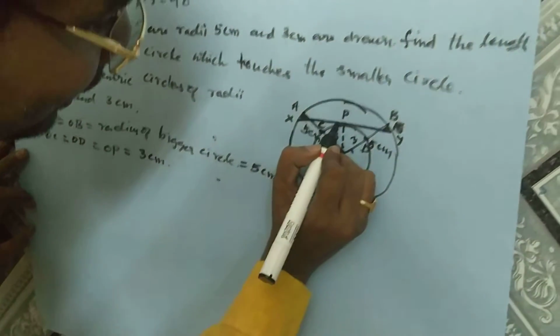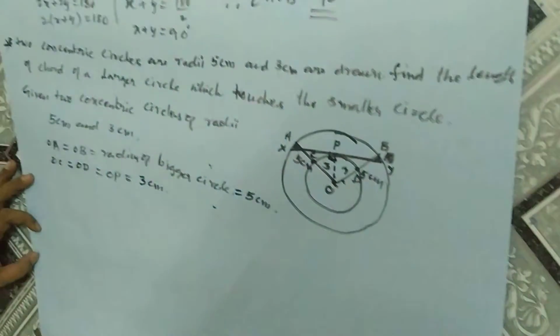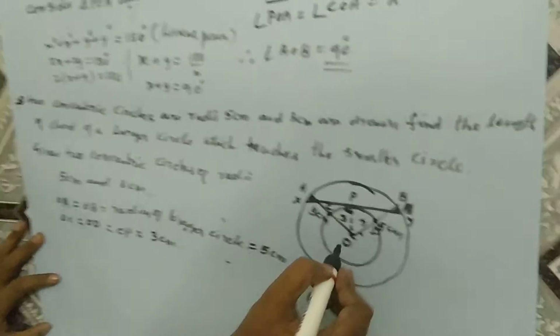When we draw a perpendicular to the tangent, it makes 90 degrees.